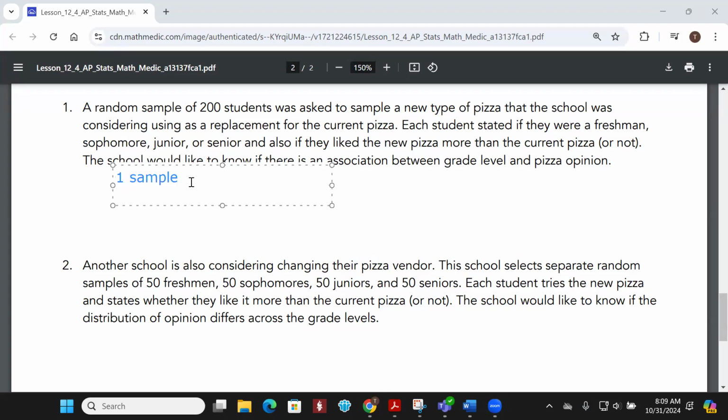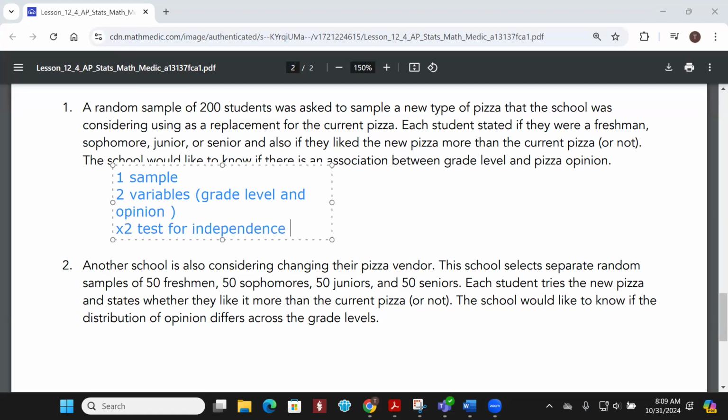How many variables? 2 variables: grade level and pizza opinion. So, what is the chi-square test? For independence. Since they were asking about an association, that was your tell. That's why we wrote down association.